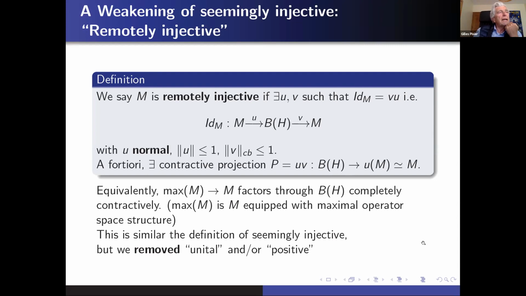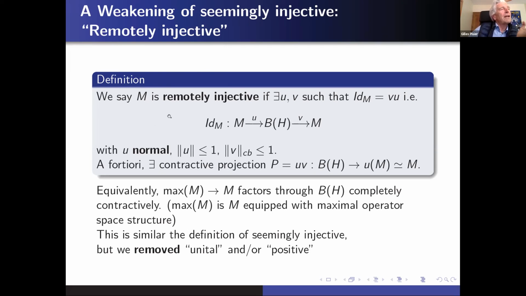The difficulty that I have is that I couldn't quite do it, because seemingly injective turned out to work very well, but the lifting problem apparently is related to a weaker notion, and the weaker notion, I needed a name. And so I didn't know what to call it. I'm still hesitant on the name. Weakly seemingly injective looks too heavy, doesn't seem like a good idea.